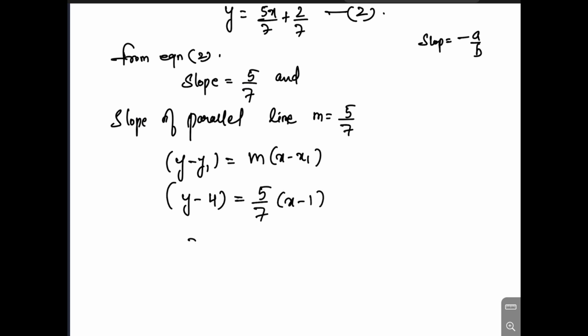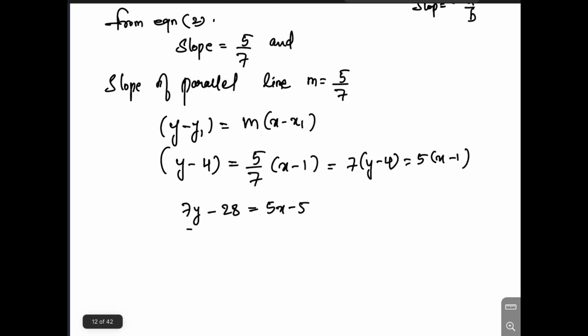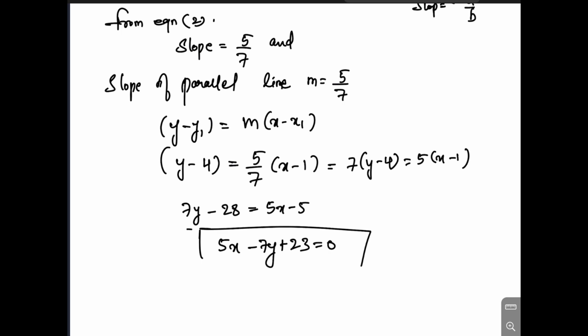After simplification, 7 gets shifted, so 7y minus 28 equals 5x minus 5. Now after simplification we get the equation 5x minus 7y plus 23 equals 0. This is our final equation.